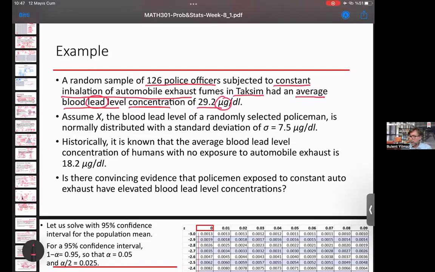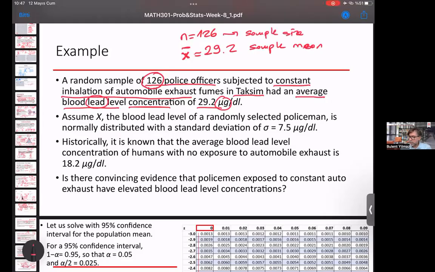So my X bar, from these 126 police officers, is 29.2 as my sample mean, and 126 is the sample size.